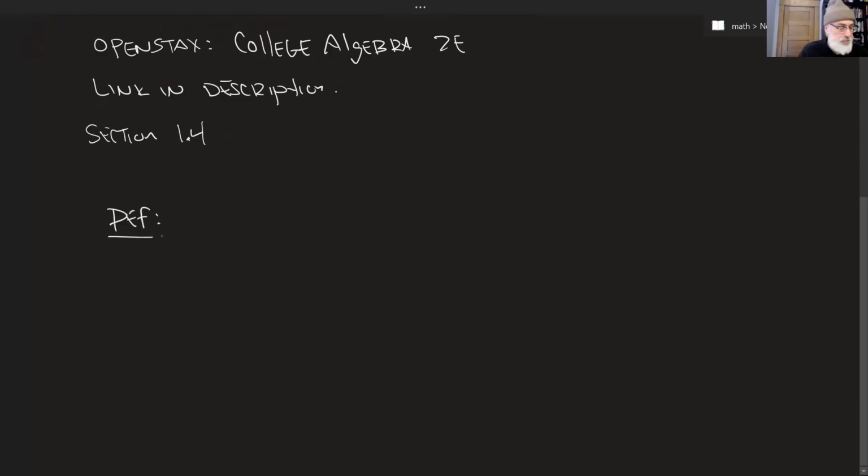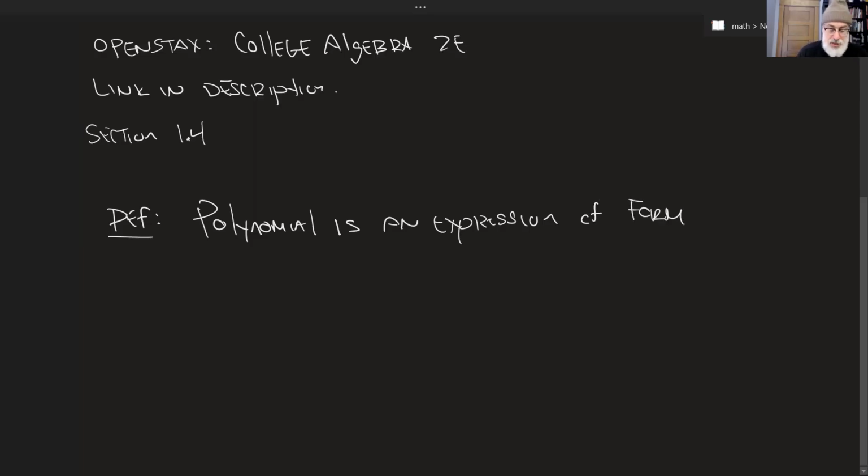So definition, we'll say a polynomial is an expression of the form, and this is going to be very general, a sub n x to the n, a sub n minus 1 x to the n minus 1.